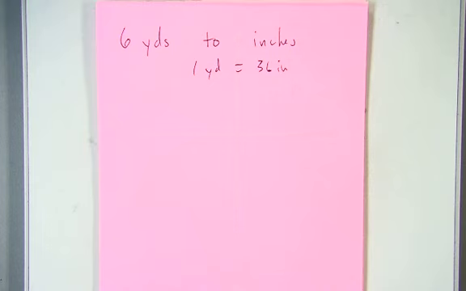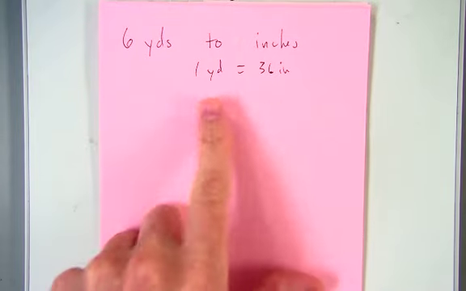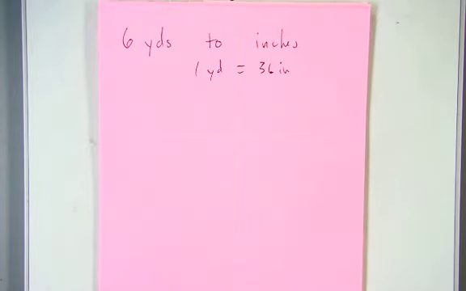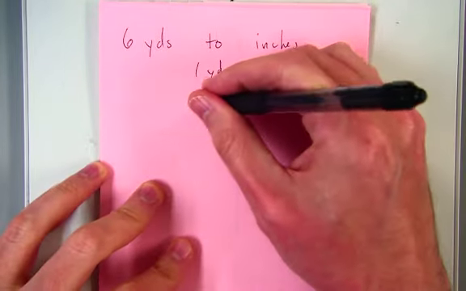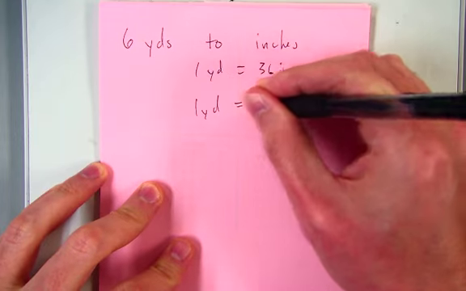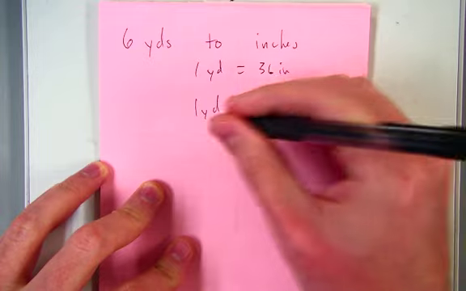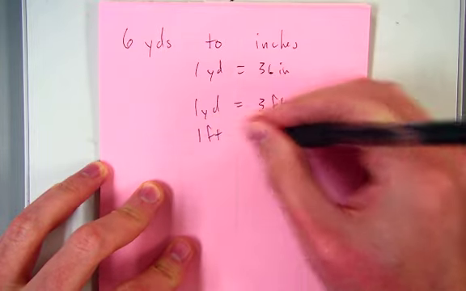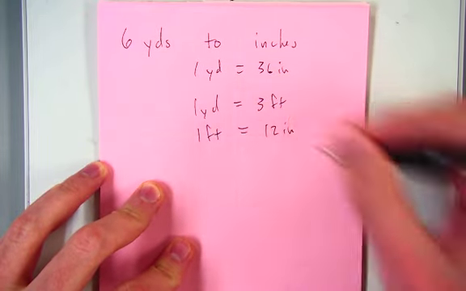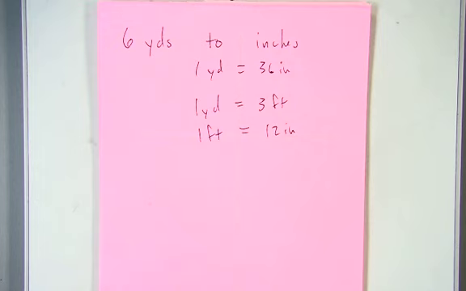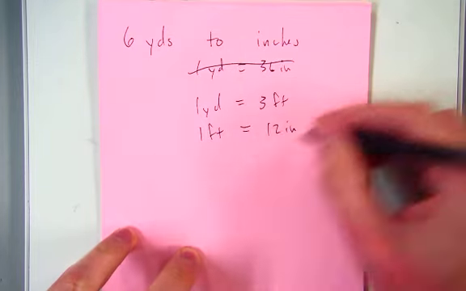But what we're going to do here instead is do this same conversion in 2 steps, because a lot of people don't know that one, but at least a lot of people know that 1 yard is 3 feet, right? And 1 foot is 12 inches. A lot of people just know those conversion factors because we use them more often, okay? So instead of doing this, we're just going to use these 2 instead.